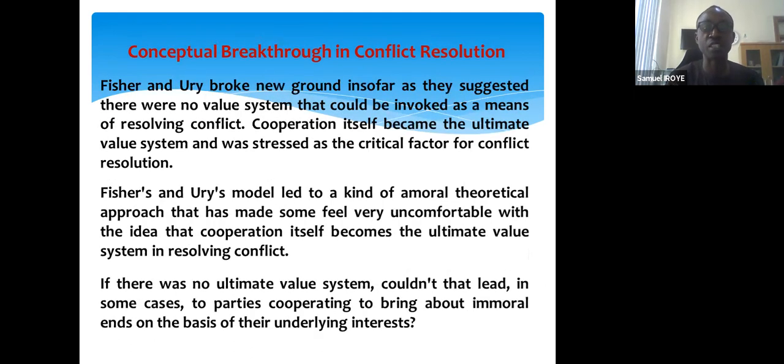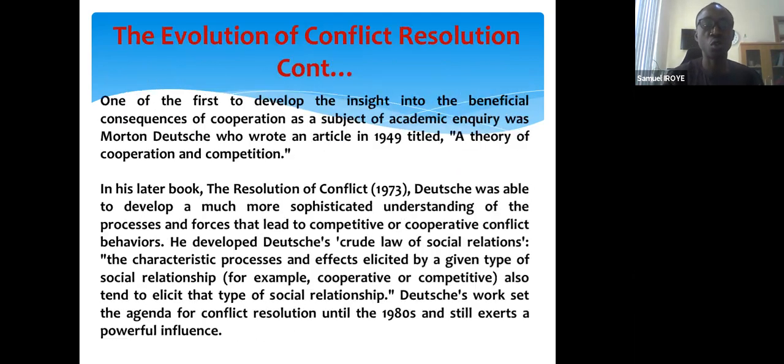But when it's competitive, it becomes more difficult because it is more advantageous to one party than another. That is all about Morton Deutsch's theory that we have examined.